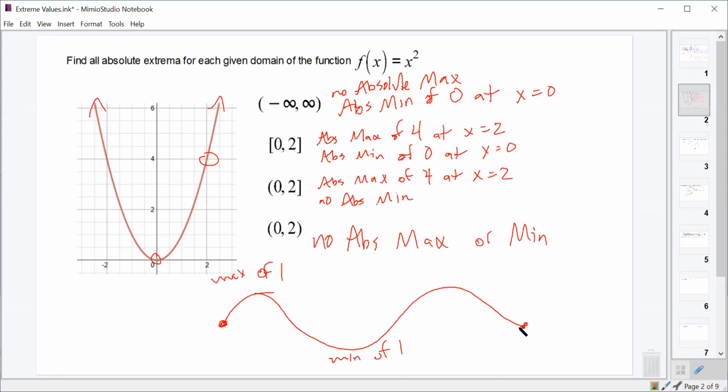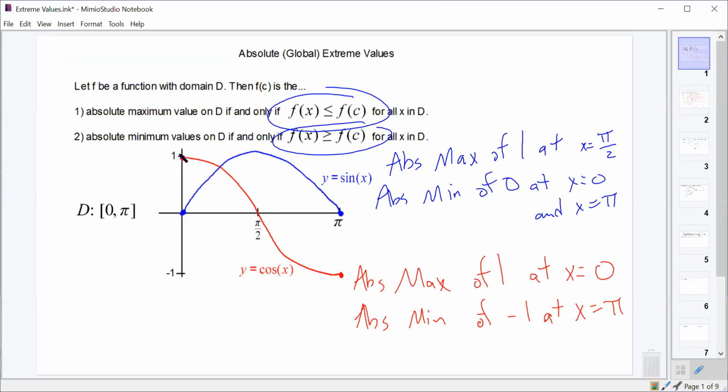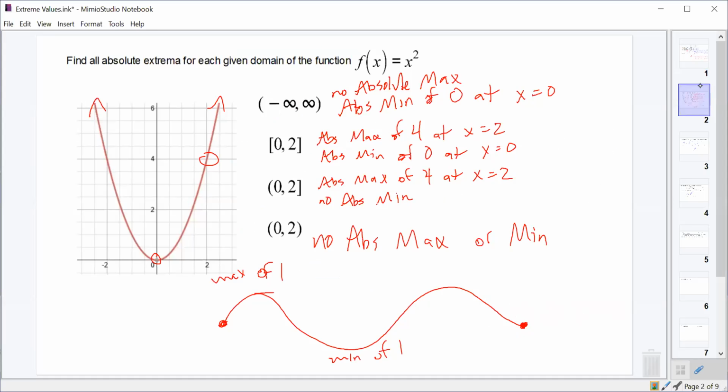Because we've closed off this interval. It's guaranteed that it has one. Even if, for example with cosine, we closed it off at its highest point and its lowest point, it's still got a max and a min. Suppose we stopped it here, well, it would still have a max and it would still have a min. It'd be different. Could it be a flat line like y equals 5?